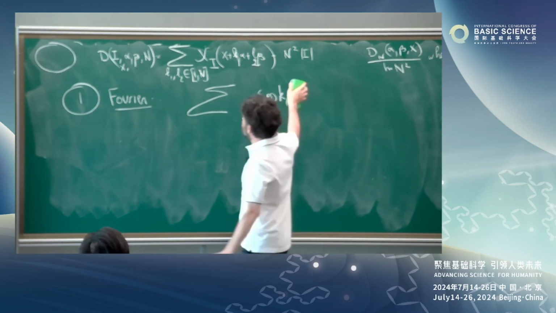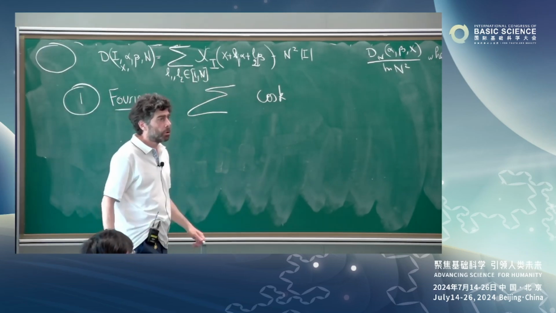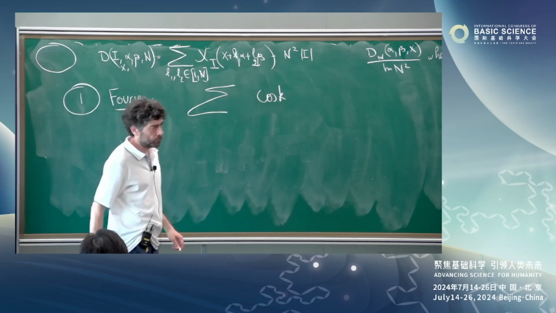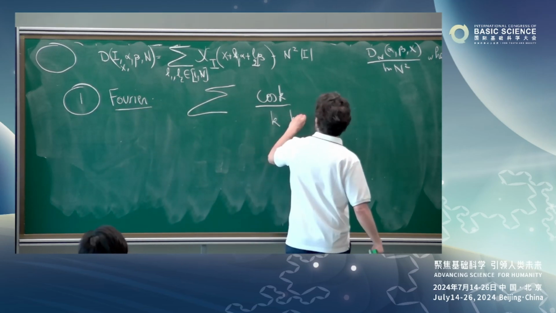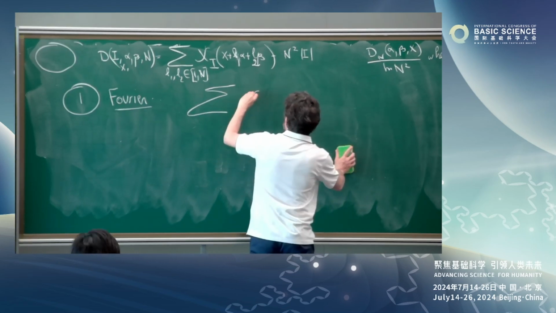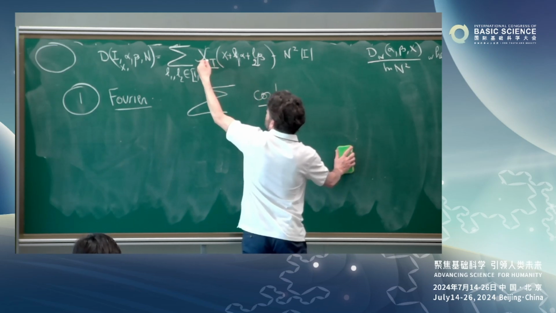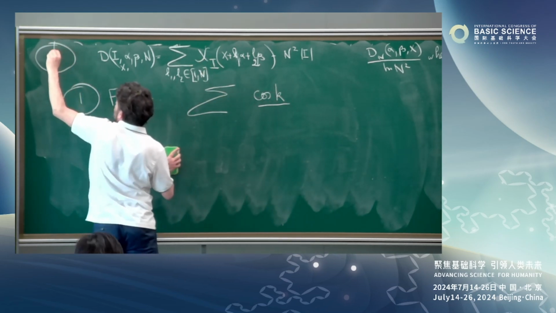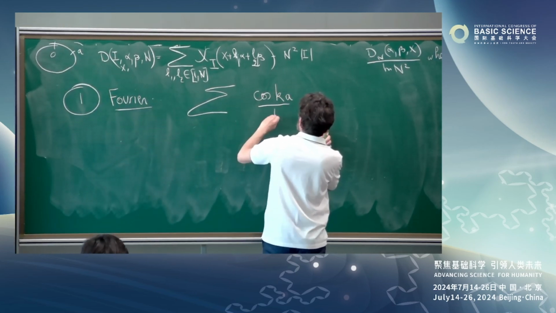This is on the circle. But this is like cosine k, k alpha. It's going to be something like cosine of k times I, so I is like [0, a]. So this will be like cosine k a divided by k.